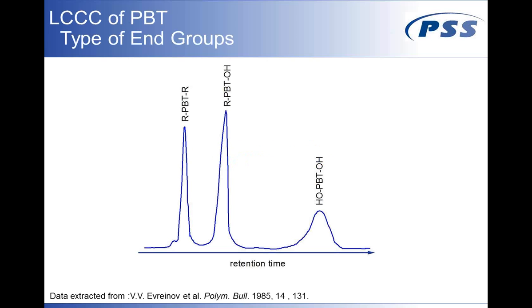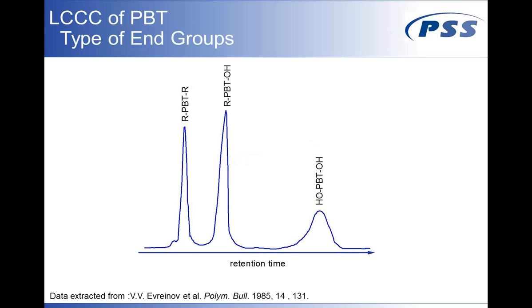Some of you have argued with gradient chromatography and said, well, that can be done by gradient chromatography. Typically, you cannot separate by end groups. There might be very rare effects where you can do that if you have very strongly retaining end groups and you have no retention of the repeating units at all.